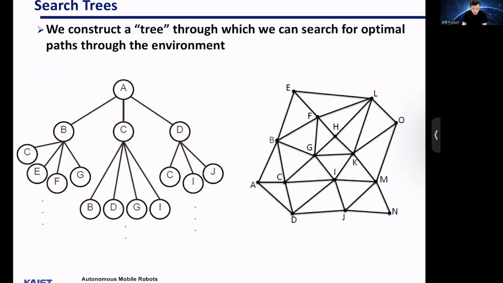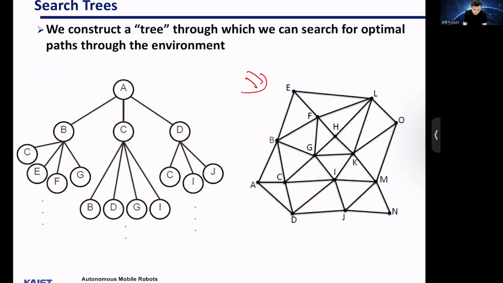First, we construct a tree through which we can search for optimal paths through the environment. So we're going to use this graph as an example for many of these search algorithms.